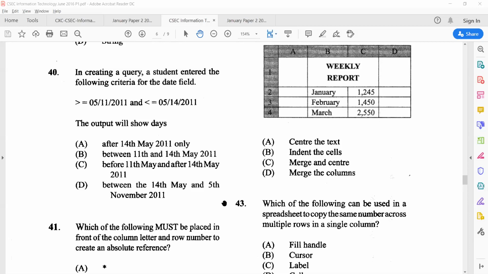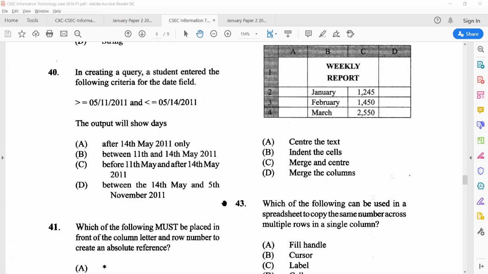The output of that will show which days? The first one is after 14th May 2011 only, between the 11th and 14th May 2011, before 11 and after the 14th of May, and between the 14th of May and 5th of November.